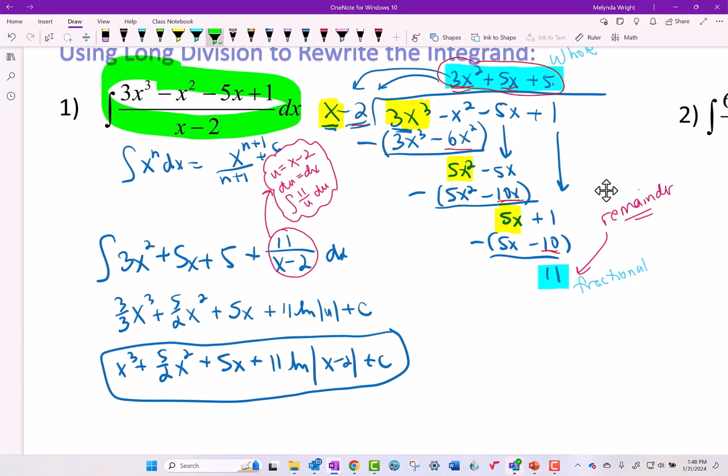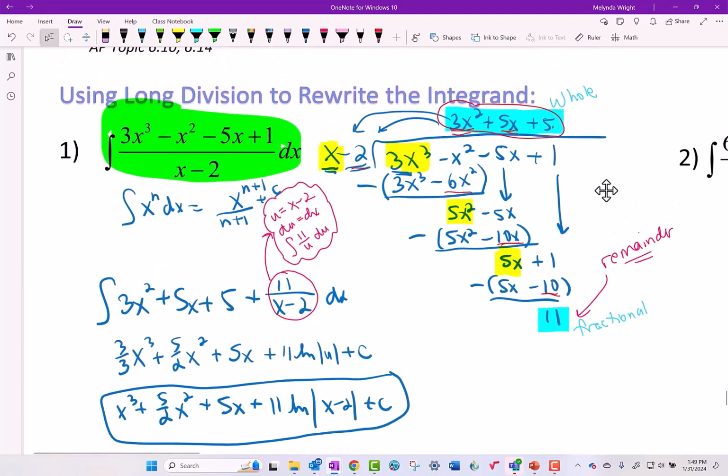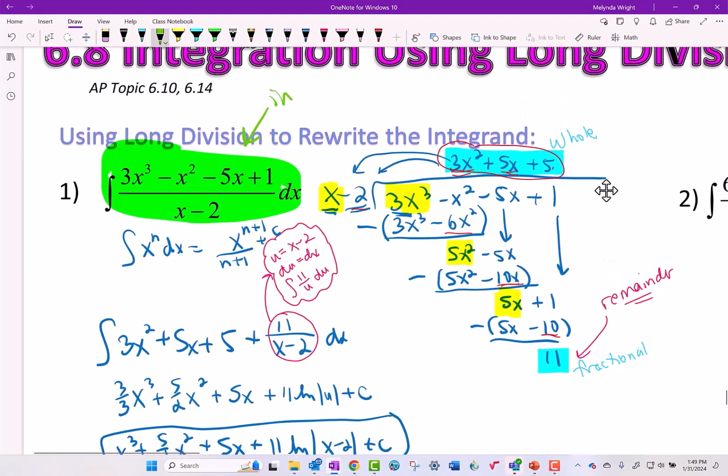I've got a fraction. It's a rational expression. I have an x cubed over x. It's improper. It's an improper rational expression. I am going to usually do long division on those. That is the technique. This is called an improper rational expression.